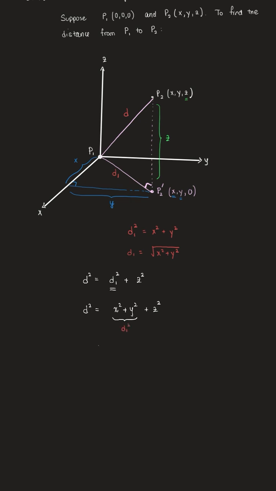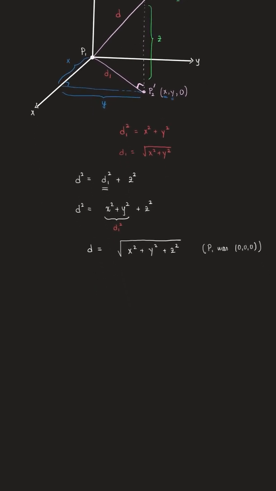And now, to find d, which is what I wanted, the distance between the 2 points, we take the square root of both sides, and we get the square root of x squared plus y squared plus z squared. Now, this was a specific case where one of the points, P sub 1, was the origin, the point 0, 0, 0. And I did that just because it would be easier for me to sketch the diagram.